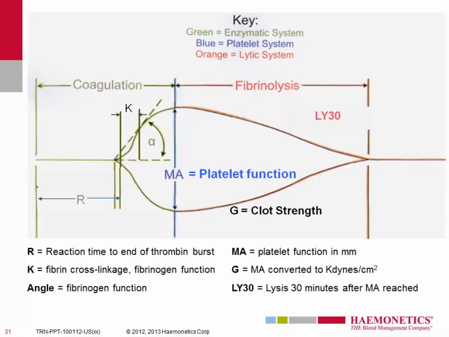And if you see LY30, lysis over 30 minutes, greater than 3% in the trauma patient population, that's an indication that we might want to use TXA, tranexamic acid, to reverse that plasminogen activation. In the open heart patient population, I think you may use Amicar, I don't know.